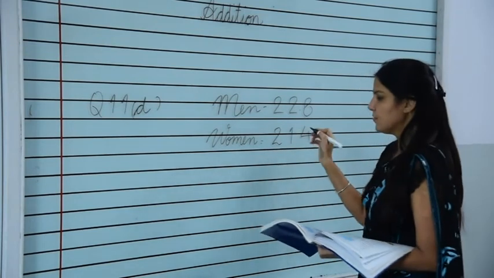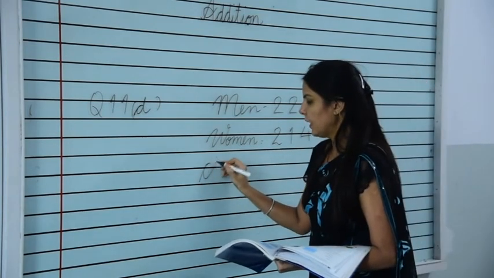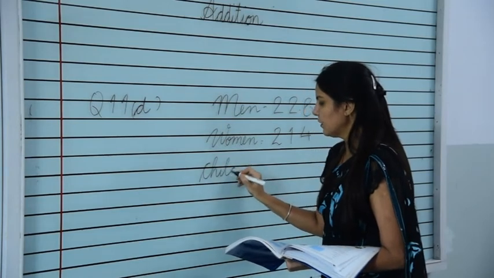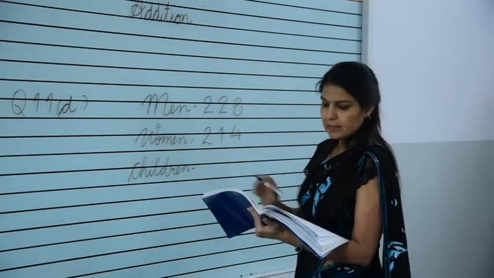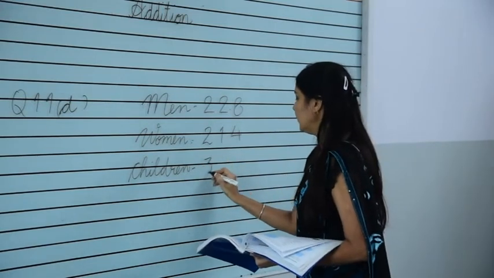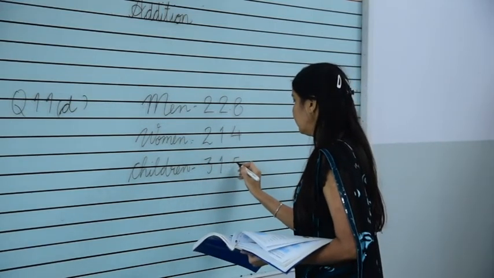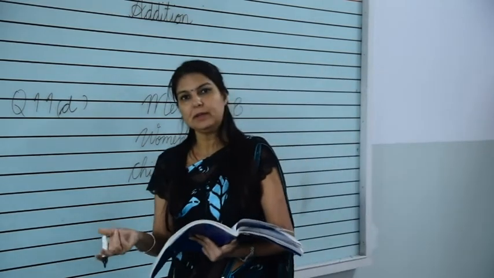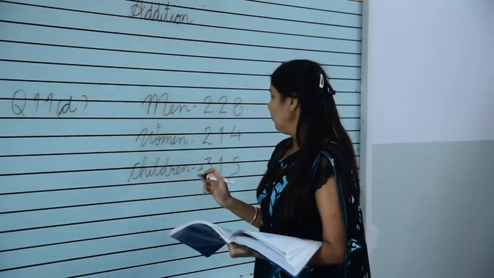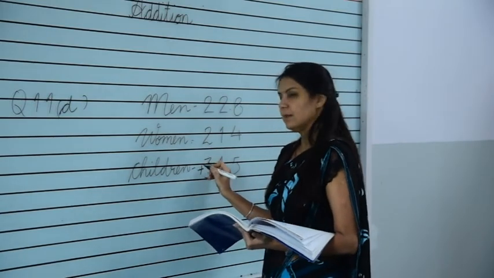And how many children? We have to write the number of children which is given in the question. These are 315. And now we have to find out the total people in the fair. So what we will do? We will add these numbers.